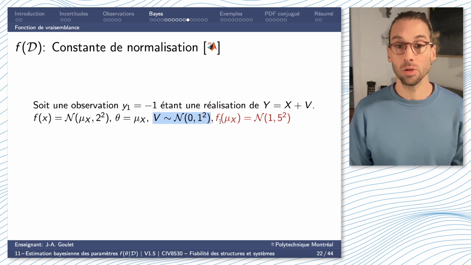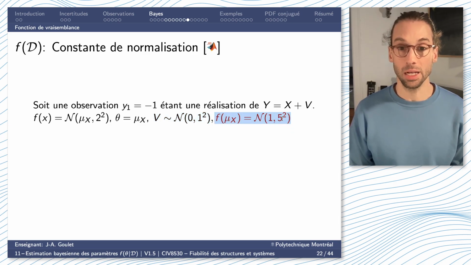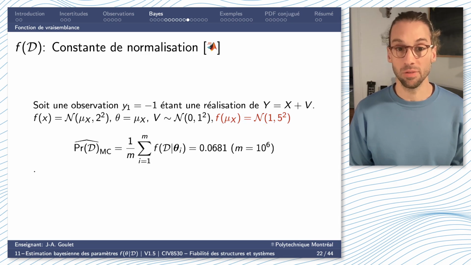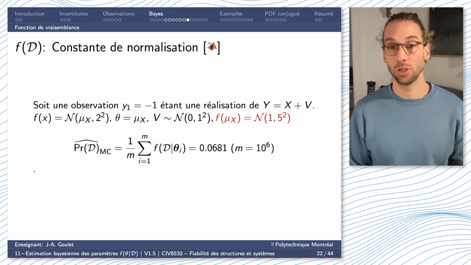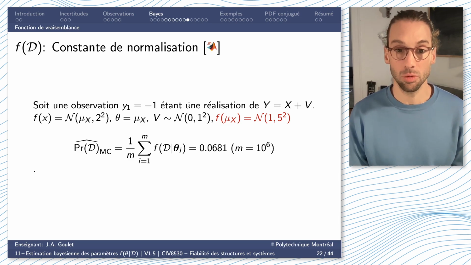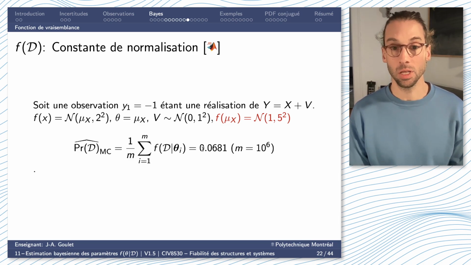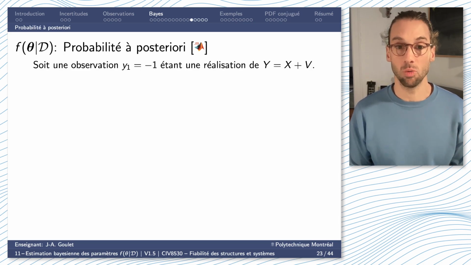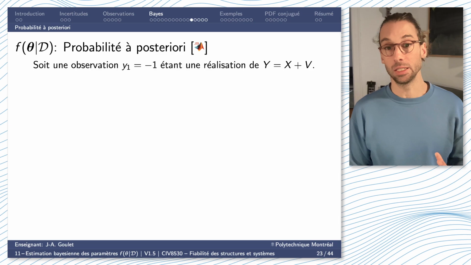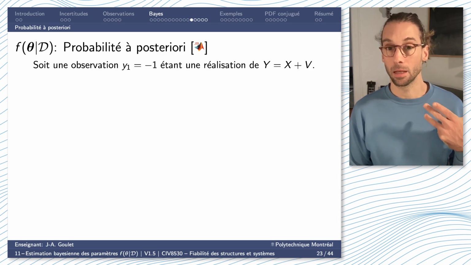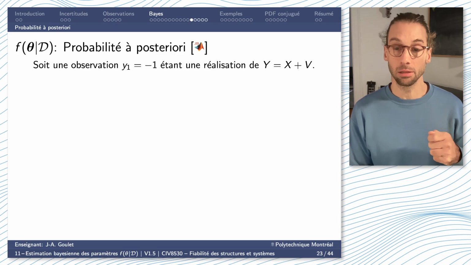So we assume it's given that our prior for mu x is a mean of 1 and standard deviation of 5. If we use Monte Carlo to estimate our normalization constant, using a million samples we would get 0.0681.